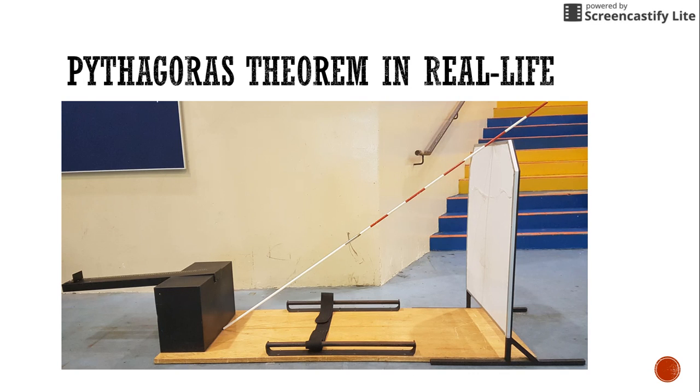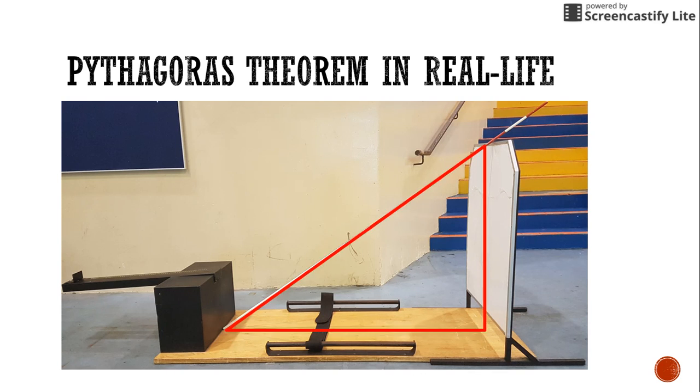Alright, I'll give you a few seconds to just try to locate this right angle triangle. Alright, and if you guessed the right angle triangle to be here, then you are absolutely correct.